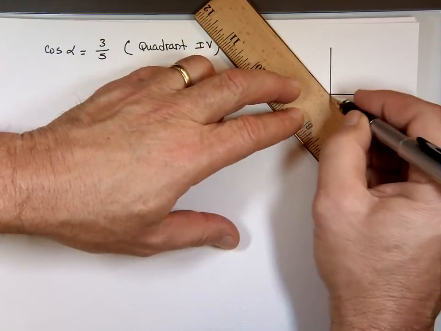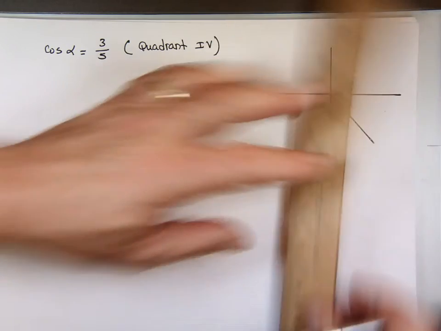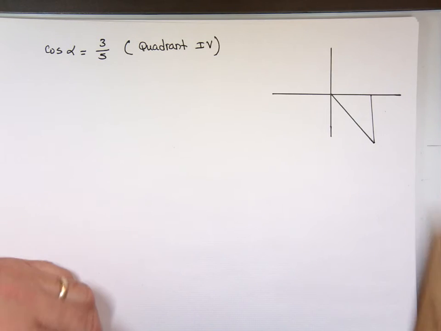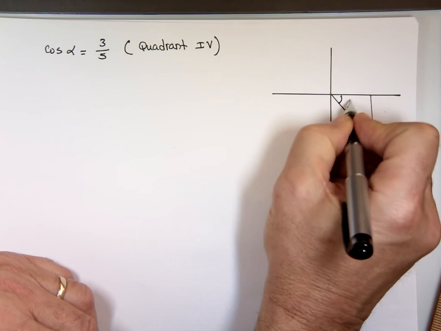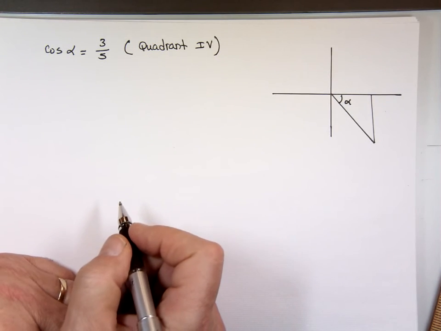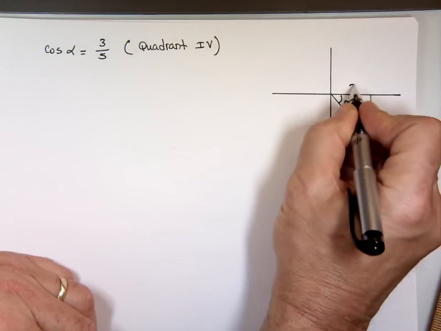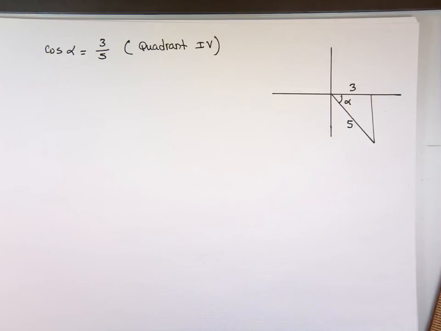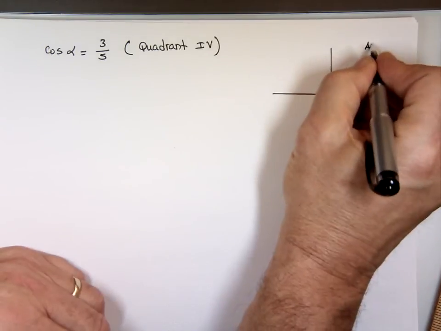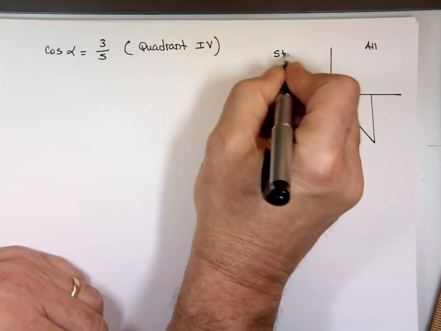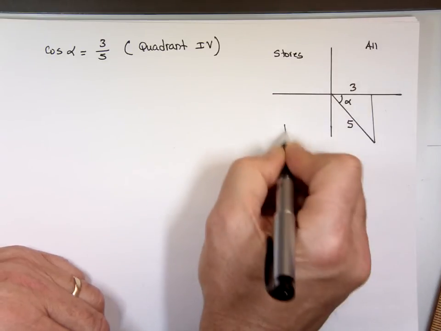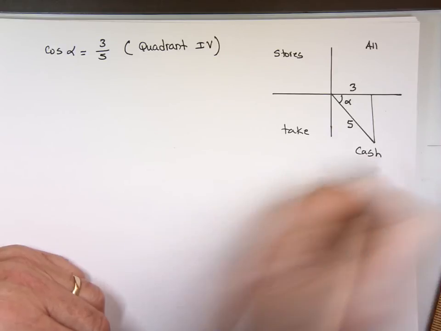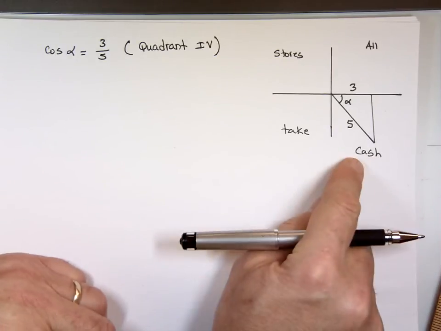So somewhere there is alpha. Again, the cosine is the adjacent, which is this one, positive, over the hypotenuse. That means y is going to be negative. Remember, all stores take cash. Only the cosine is positive in this quadrant.